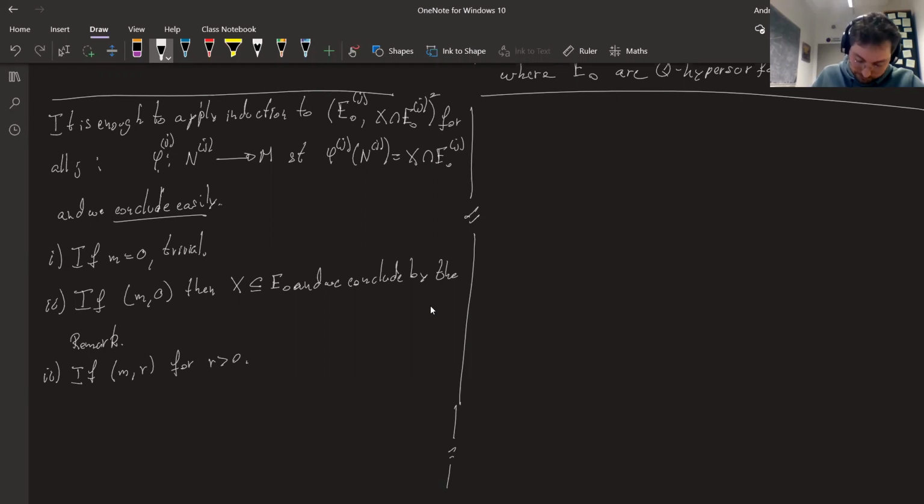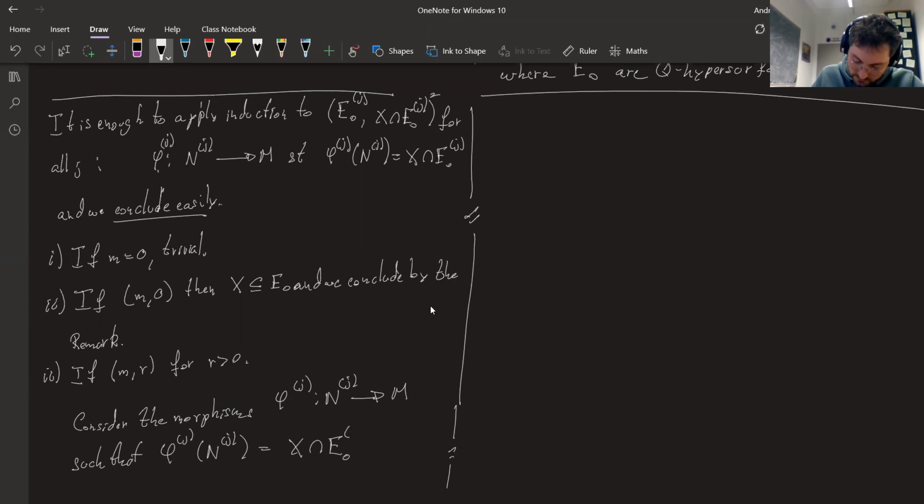So we consider the morphisms Fj from Nj to M such that Fj of Nj is equal to X intersected with E0J, as done in the remark.